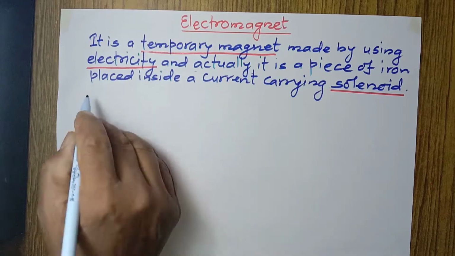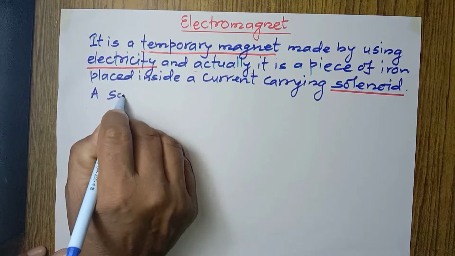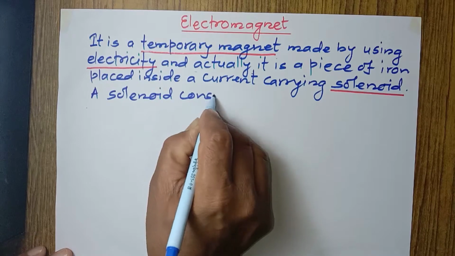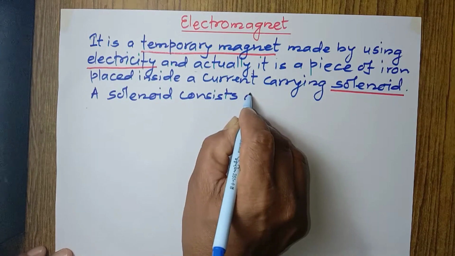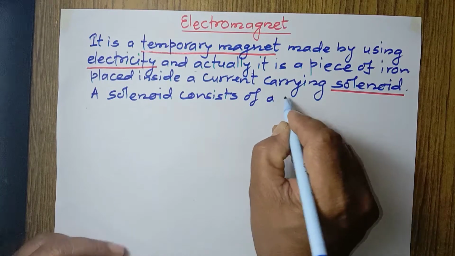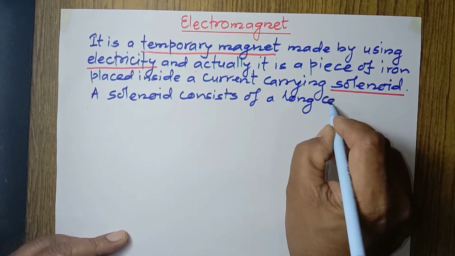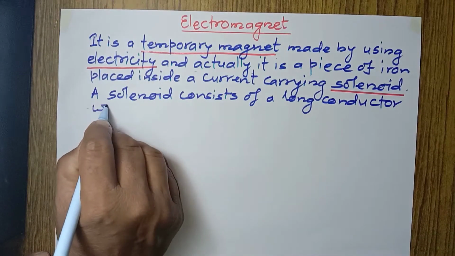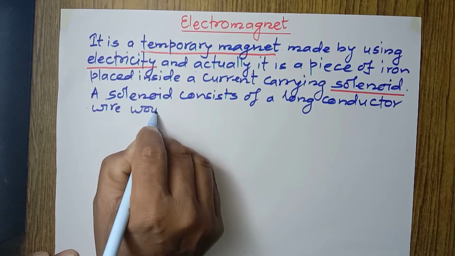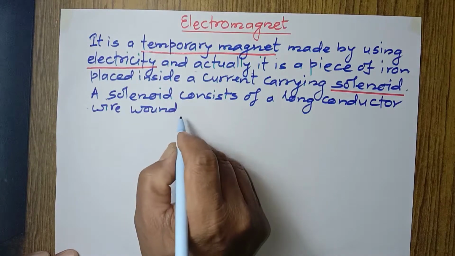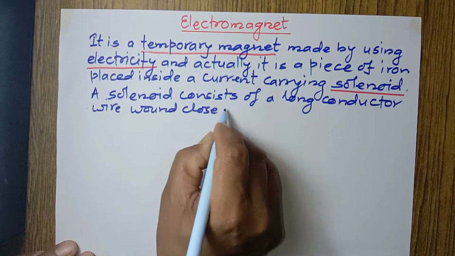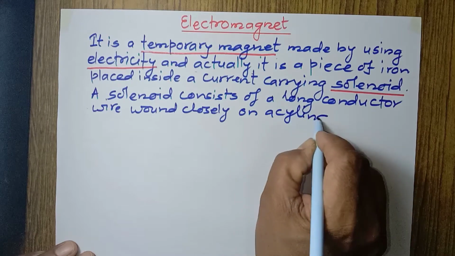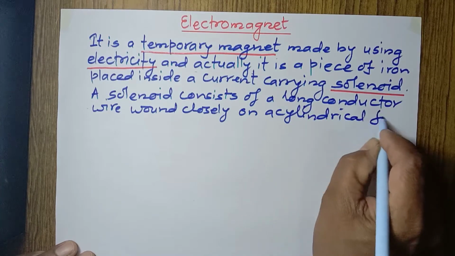Solenoid consists of a long conductor wire wound closely on a cylindrical form.